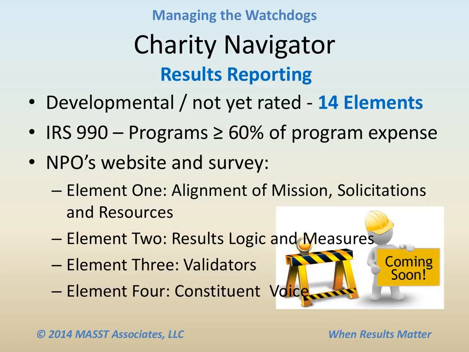So in a bit of a departure from doing just a pure arm's length evaluation, Charity Navigator does send out a survey or a questionnaire that includes the 14 elements to nonprofit organizations that are in the process of being rated by them. And they invite them to go ahead and complete that information and send it to them. So if you will, the nonprofits are self-reporting on their results reporting.